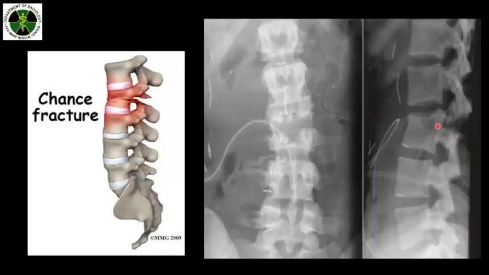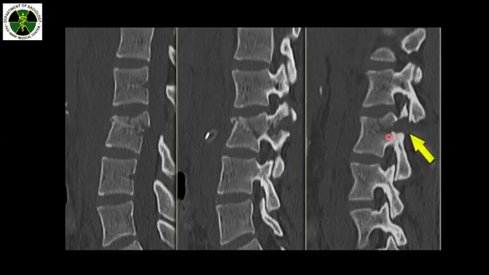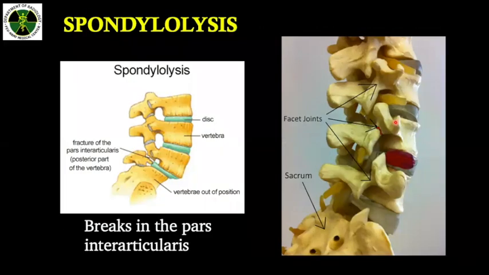So here we see a bit of wedging and a fracture line here. Also here. So these are fragments of a comminuted fracture involving the anterior, middle, and posterior columns of the vertebra.